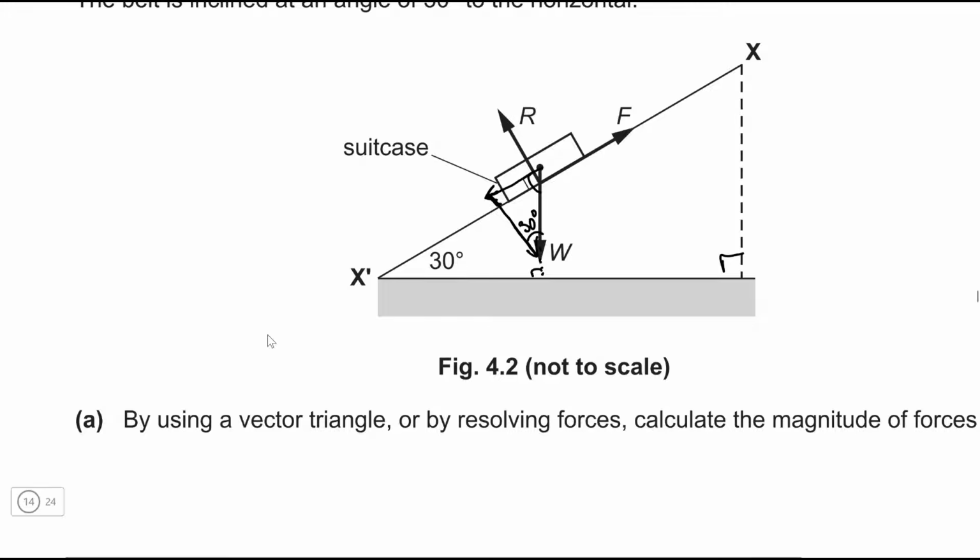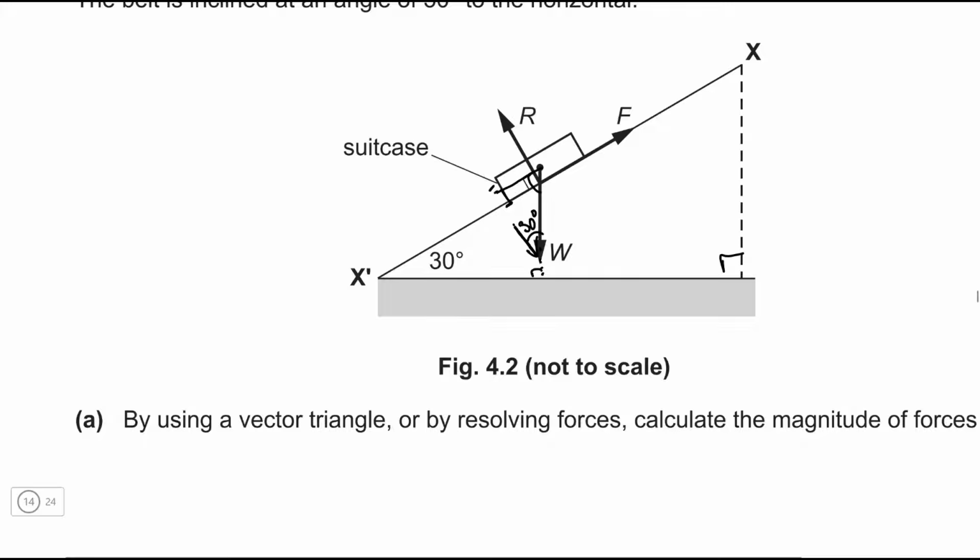This here is W, which is our hypotenuse. This here is a right angle, by the way. So for the two components, this one here is the perpendicular component. That's the adjacent, so it's going to be W cos 30.